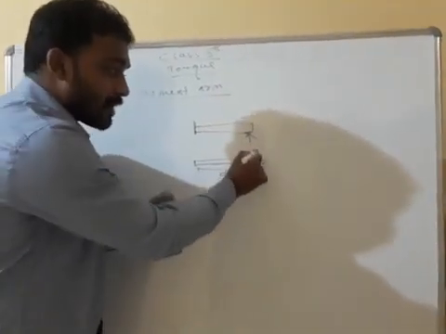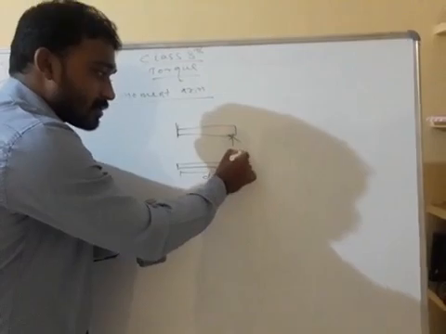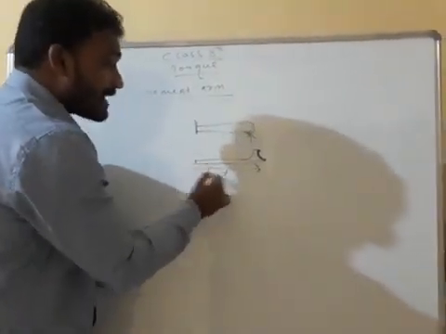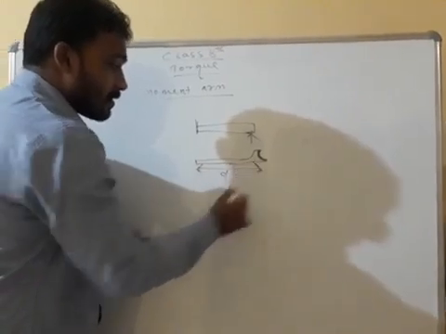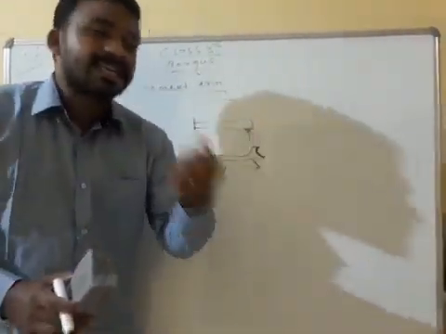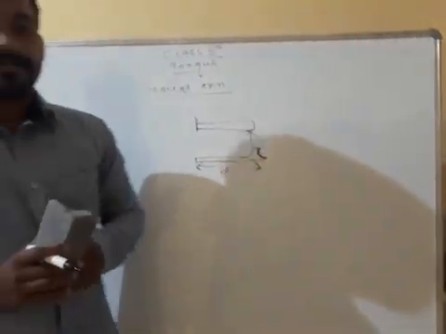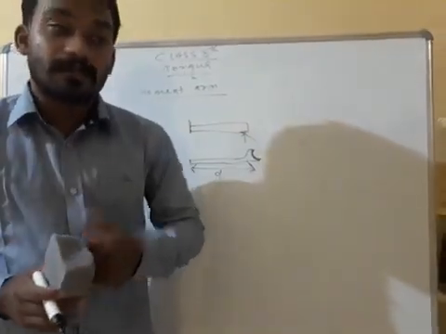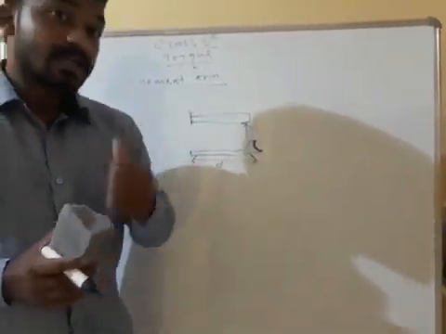Why is this so? A long handle is there to decrease our magnitude of force.